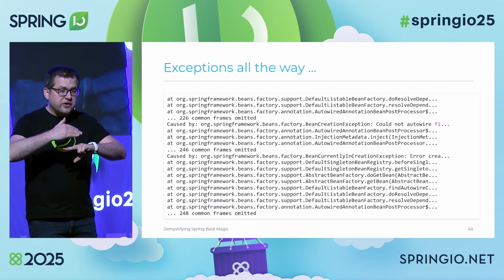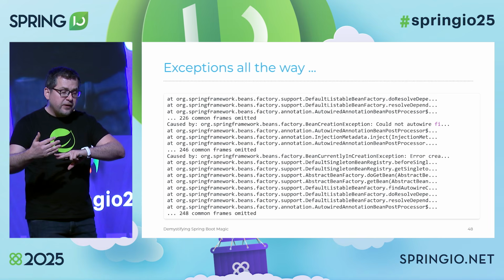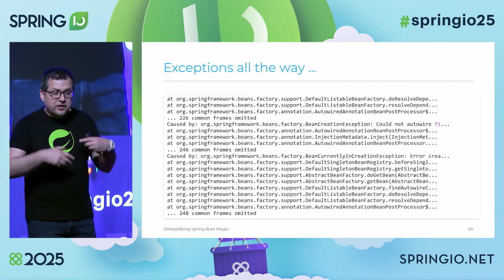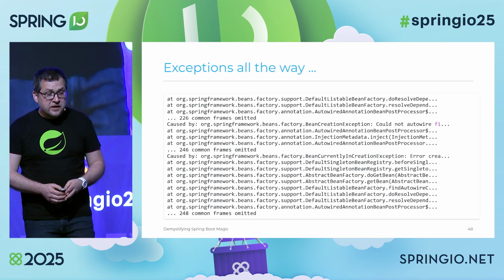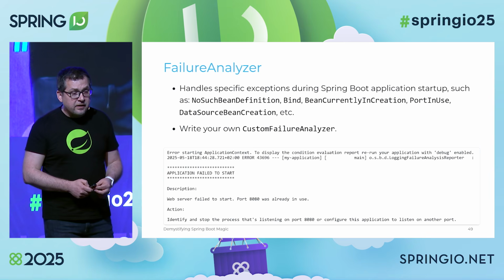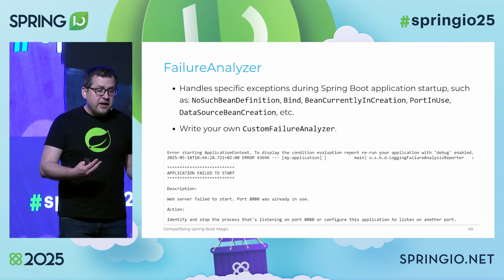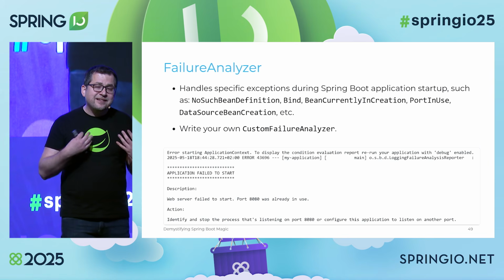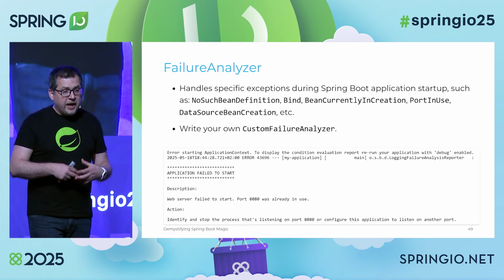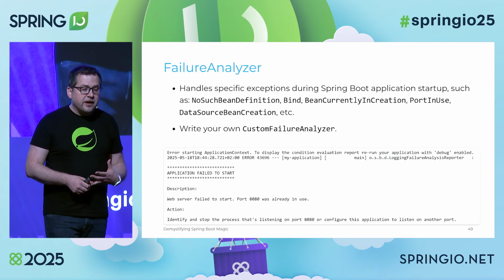You see what actually did not work, and you can fix the issue very easily, right? But there are easier ways so that you even don't have to look at those stack traces, and it's basically these failure analyzers. And failure analyzers can basically detect what's going on and provide you a more helpful feedback, basically during startup.